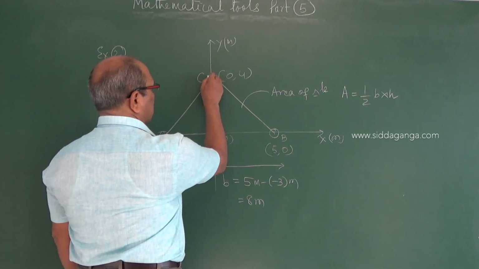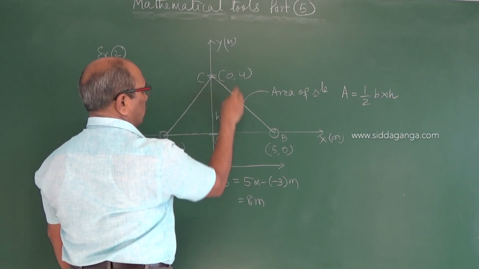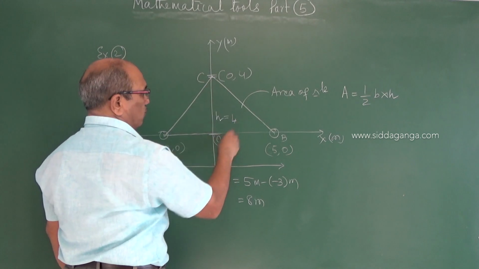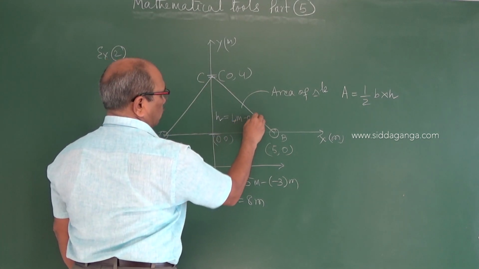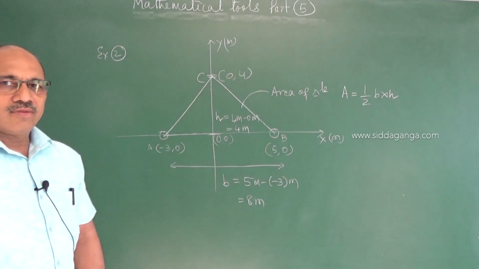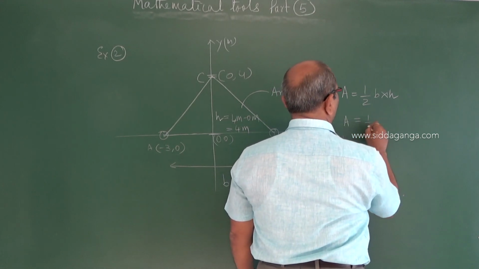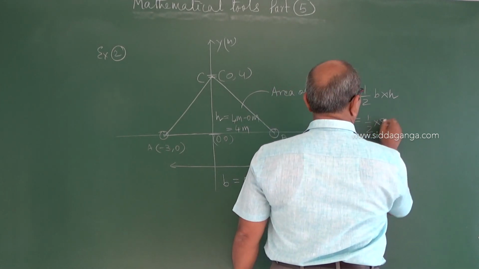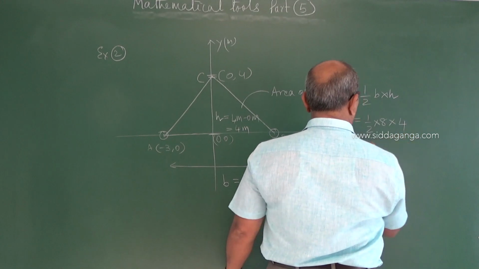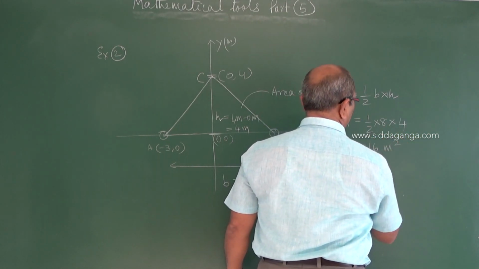And if you want this height h, it is equal to the vertical variation only, 4 meter minus 0 meter, you got 4 meter as h. Over, problem is solved. We got the answer, half into 8 into 4. 2 4s are 8, 2 8s is 16 meter square is our answer.